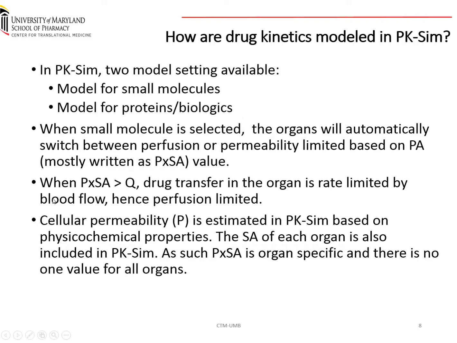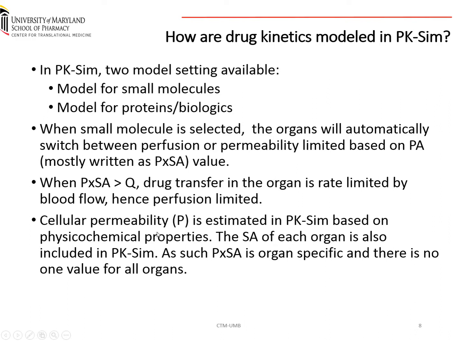So how it works in PKSIM is basically the cellular permeability is estimated based on the physicochemical properties that you input. And of course, the surface area of each organ is already known as a physiological property and it's built into the model based on the species you select.